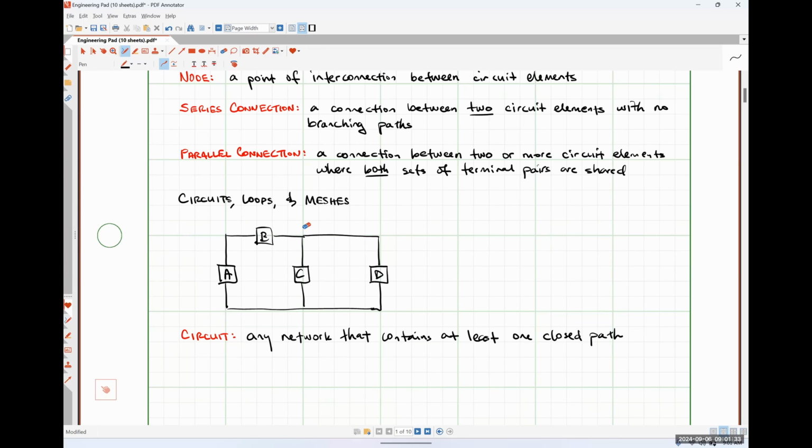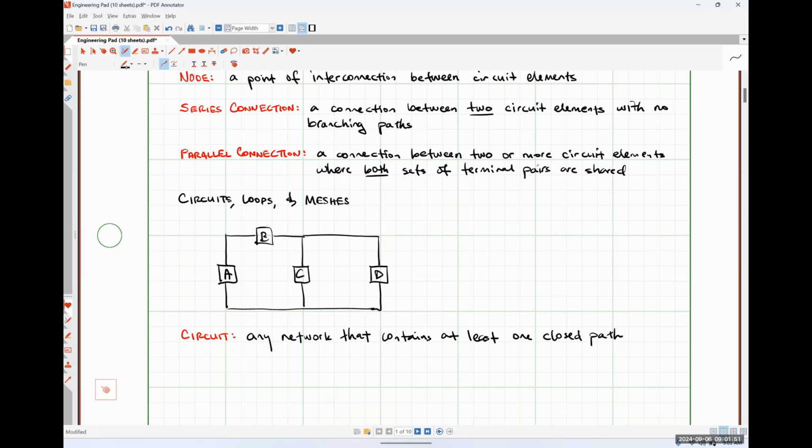It's not a particularly important distinction, and largely we can use the terms circuit and network interchangeably, but technically there is a very small difference between the two of them. So I'm just making you guys aware of it, okay?